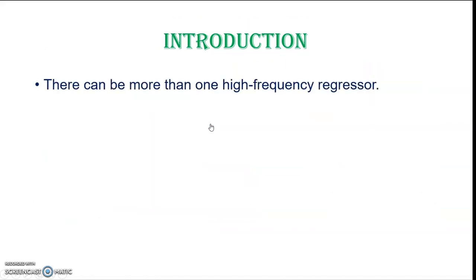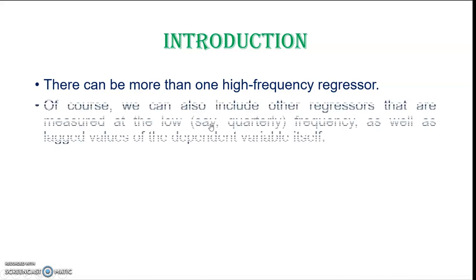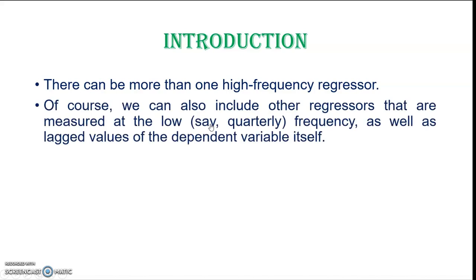There can be more than one high frequency regressor as well. It is not necessary that the dependent variable is regressed only on one high frequency regressor. There could be more than one high frequency regressor. Of course, we can also include some other independent variables which are measured at the low, say quarterly frequency, as well as lagged values of the dependent variable itself.